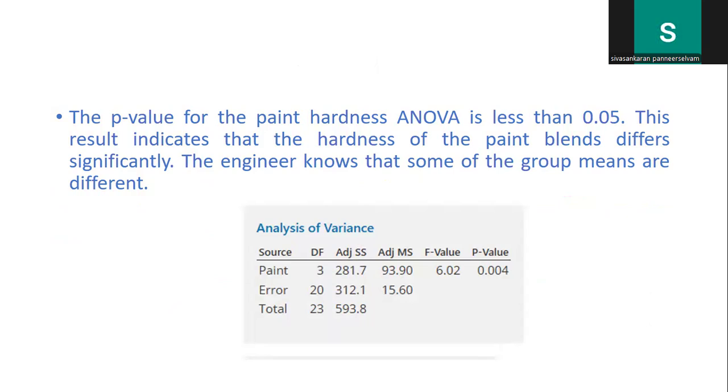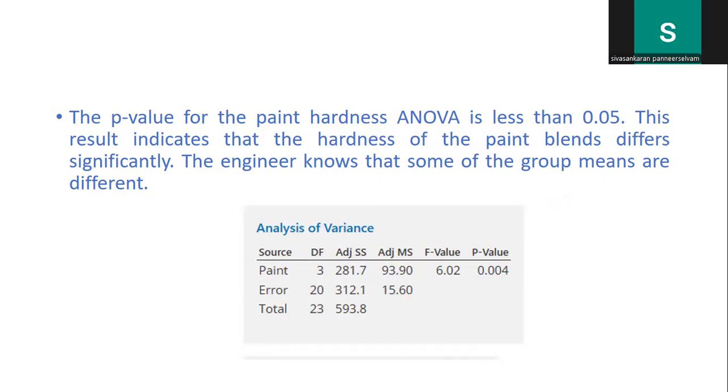So these are the results obtained through one-way ANOVA experimentation. From these results, we can infer that the p-value for the paint hardness is less than 0.005. So this result indicates that the hardness of the paint blends differs significantly with respect to each other.